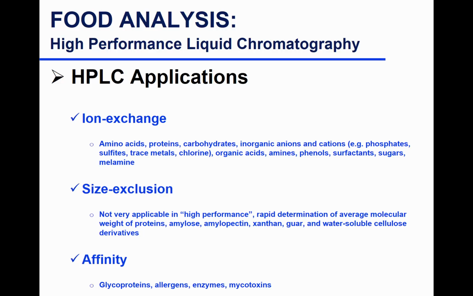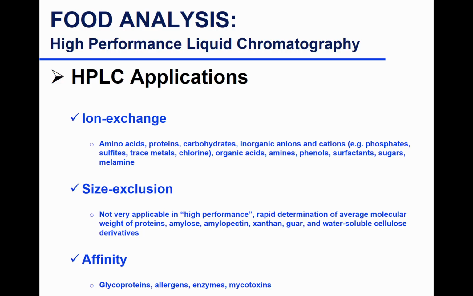So you do use size exclusion HPLC to determine molecular weight of proteins, amylose, amylopectin, etc. But it is not very commonly used as a tool for detection and quantification. It would be a tool to determine molecular weight accurately, because if you use low pressure liquid chromatography, determination of molecular weight might not be as accurate because the resolution is not as great. Okay.